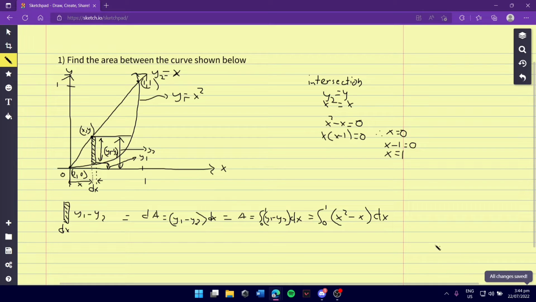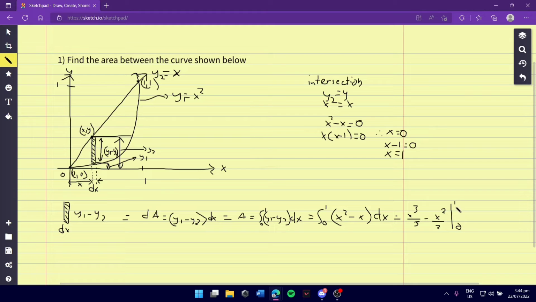Next, we will integrate it. So x squared will become x cubed over 3, minus the integral of x, which is x squared over 2, and then your limits.